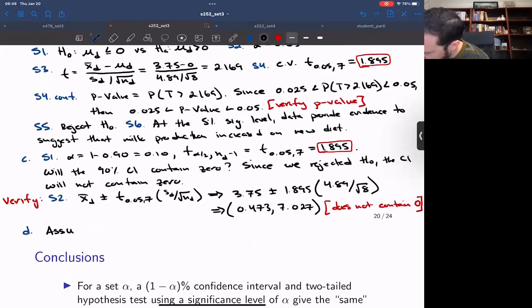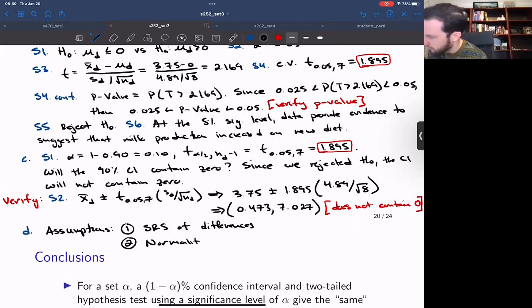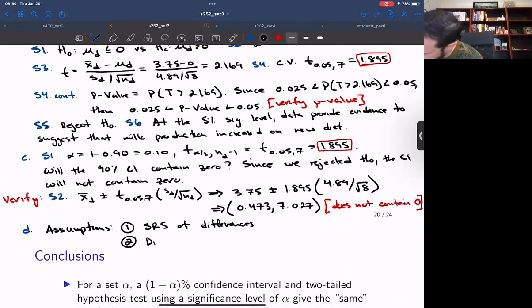So the assumptions here: 1, SRS of differences, 2, the differences are normally distributed.